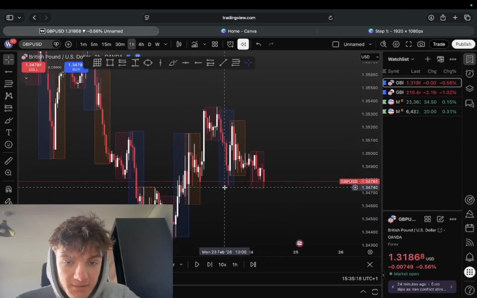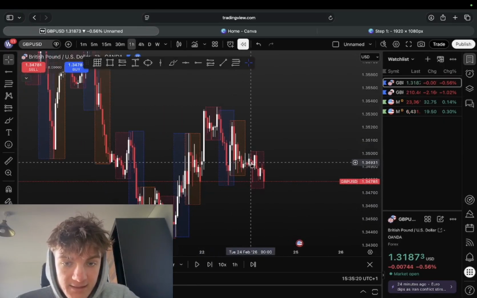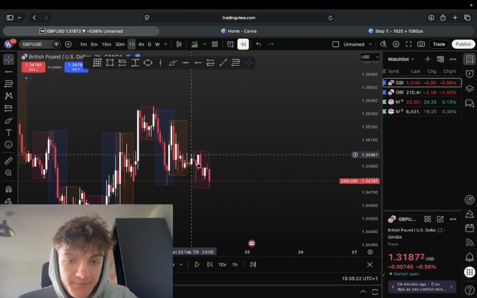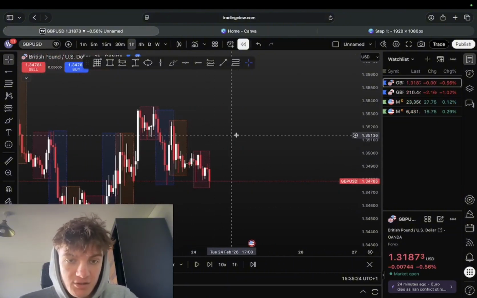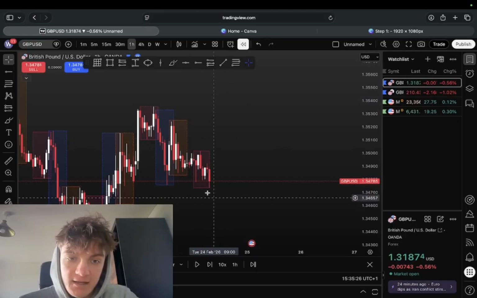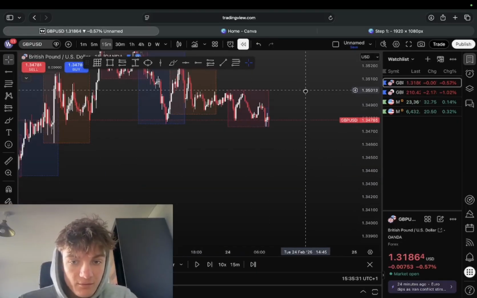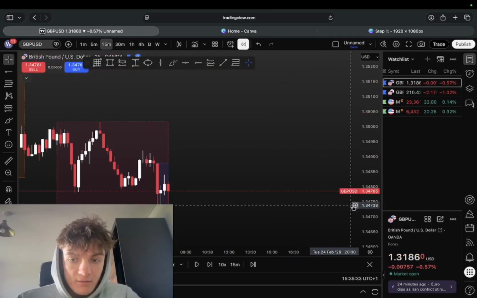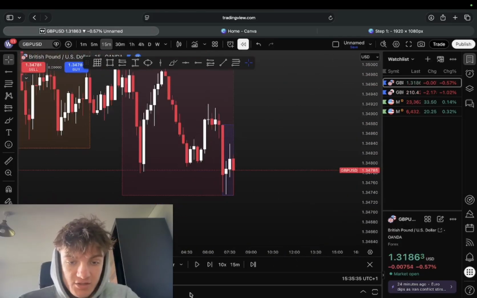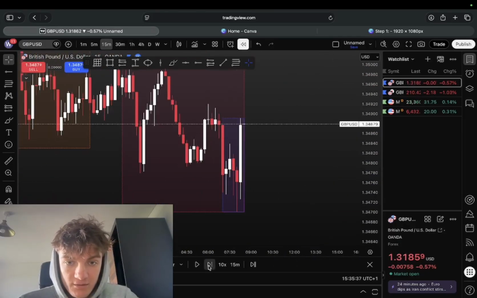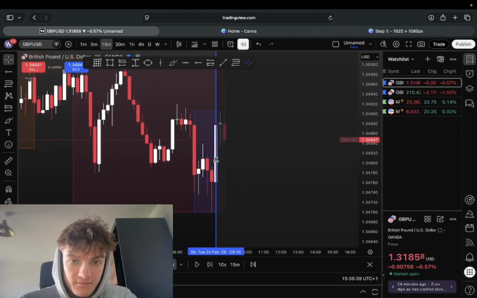We have swept this liquidity and all this liquidity in Asian session, which makes me think this is Asia manipulation, as well as I have just seen the day, and we are definitely going to be bullish. But then we are looking for our continuation confluence, which is a break of structure. Oh, perfect. Let me do it here.